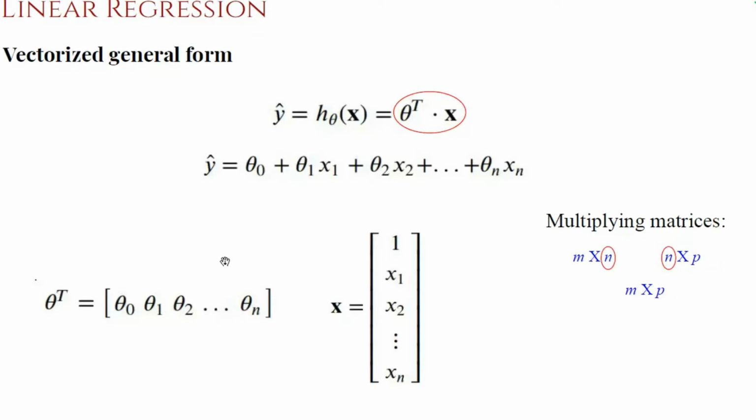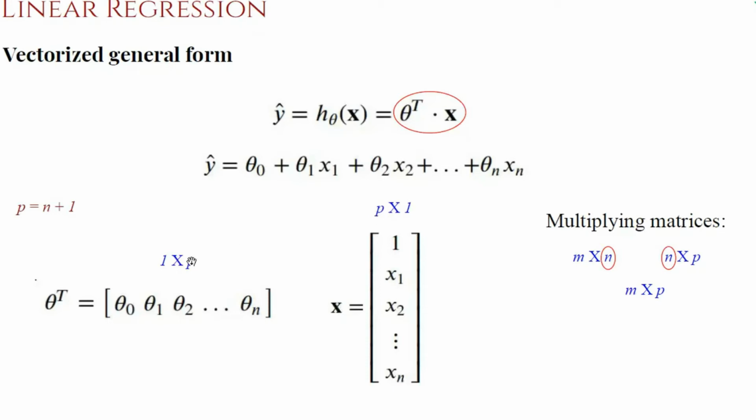Coming to this particular place, will we be able to multiply these two matrices? This is a row vector and this is a column vector. Can we do a matrix multiplication? Let us analyze the order of the matrices. This has one row and p columns. When you look at x, it has p rows and one column.